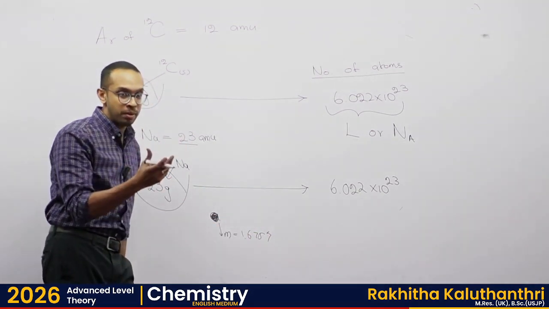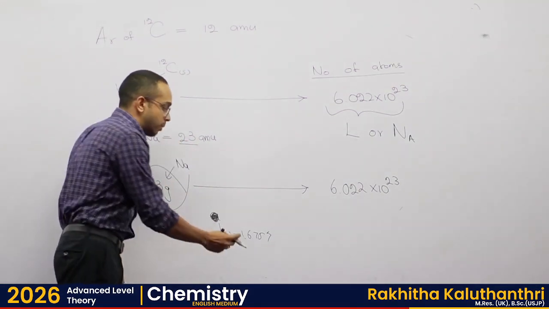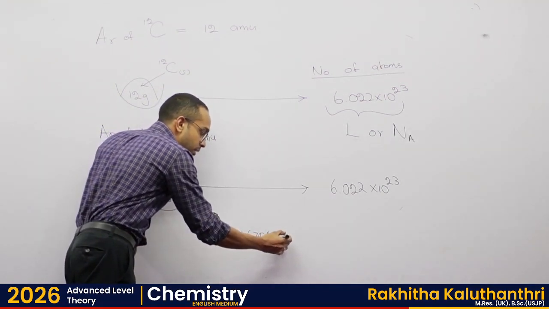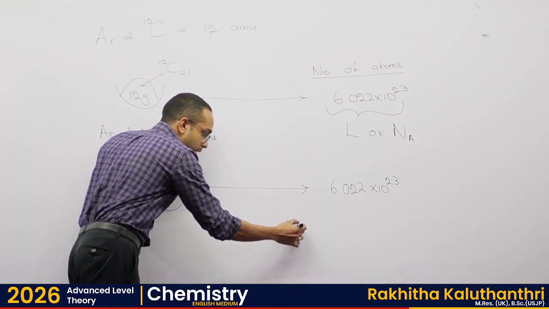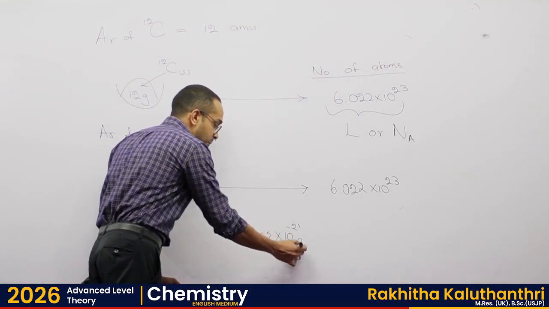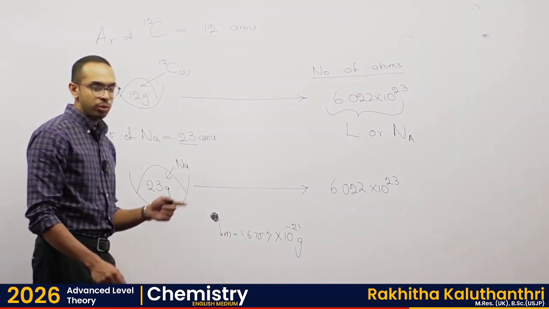We don't have to memorize the actual masses of individual atoms. But imagine this was the actual mass of a single atom of sodium, 10 to the power, let's say, 21 or something like that. This many grams.